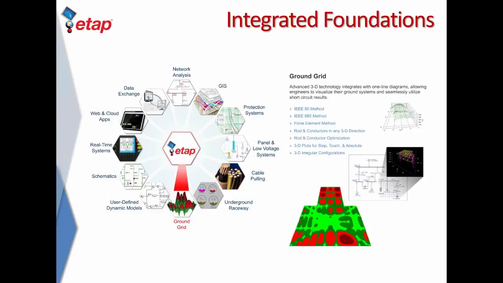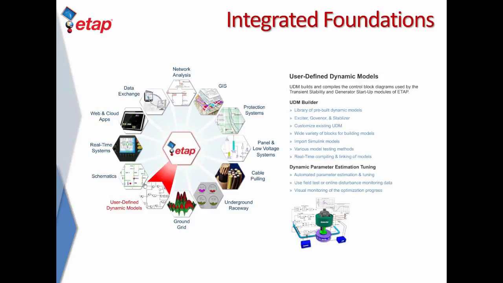You can also include dynamics inside ETAP, and these are essentially the electromechanical dynamics, which we'll be expanding upon a little bit more in this webinar, where you can model the transfer functions of various machinery such as generators, exciters, governors, power system stabilizers, and also use tools like dynamic parameter estimation to tune the time constants and gains of various control blocks.